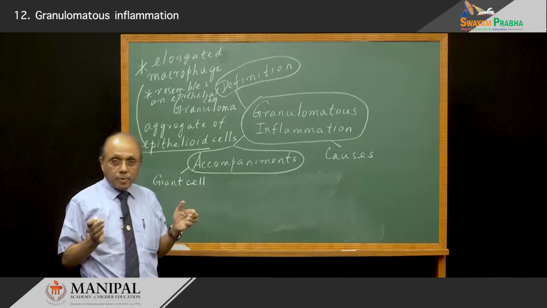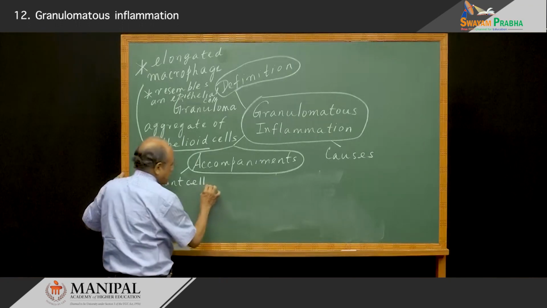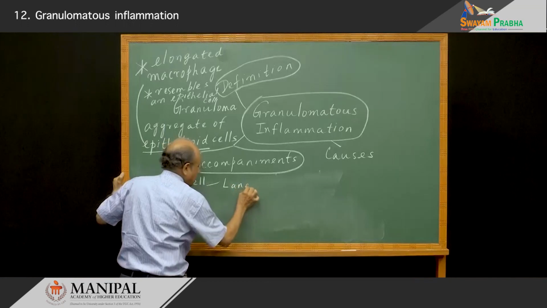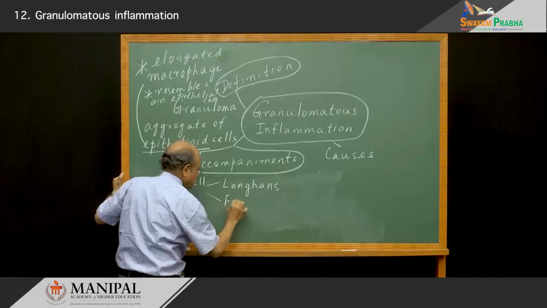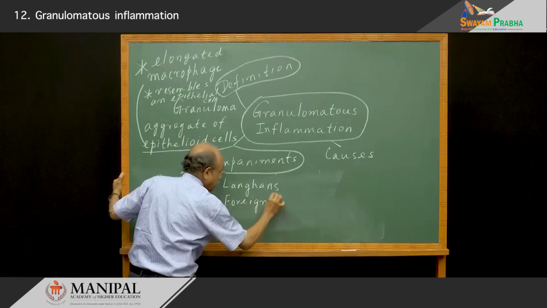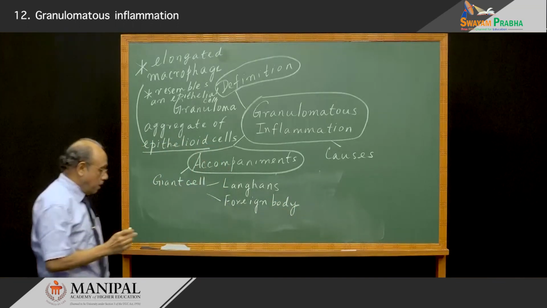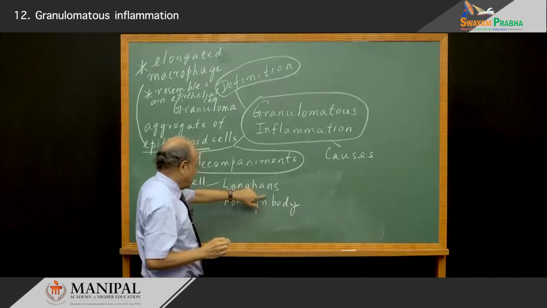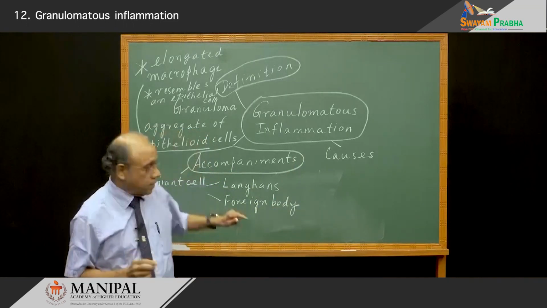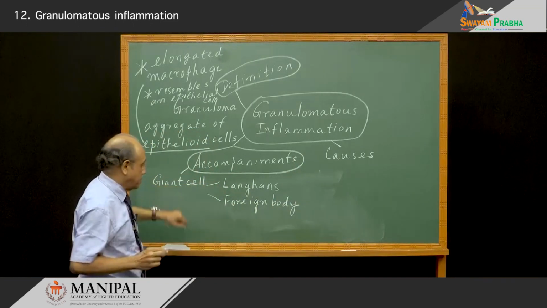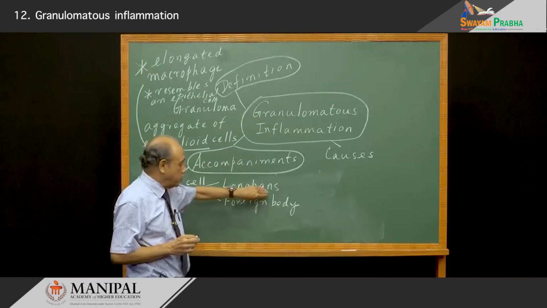Epithelioid cells, when they fuse together, form giant cells, and the giant cells are of two types: the Langhans type of giant cell and the foreign body type of giant cell. The Langhans giant cell, please note the word Langhans, it has nothing to do with Langerhans. It may be written with an apostrophe, or as is the custom now, no apostrophe is needed.